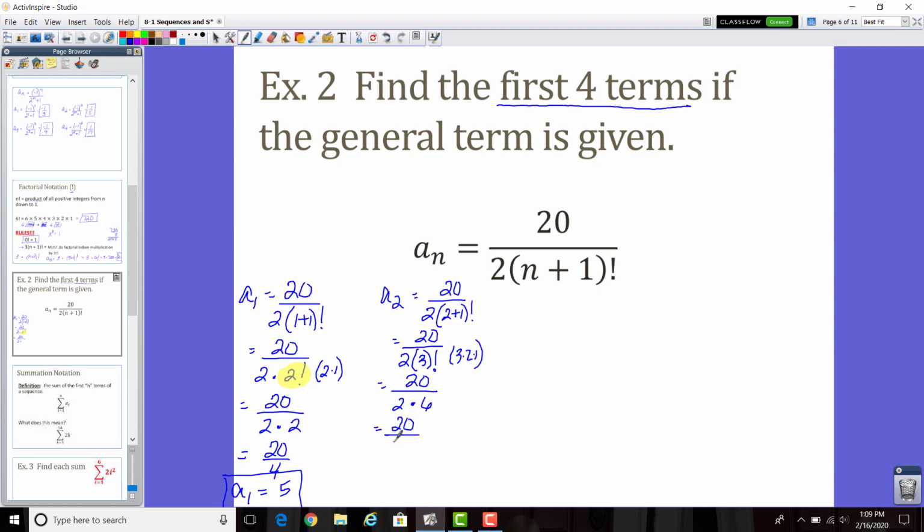So 20 is going to divide by 12. We know that that does not reduce into a whole number, but it is a reducible fraction. It will reduce by dividing by 4. So we get 5 on the top, divide by 3 on the bottom, and we get 5/3 as a second term.